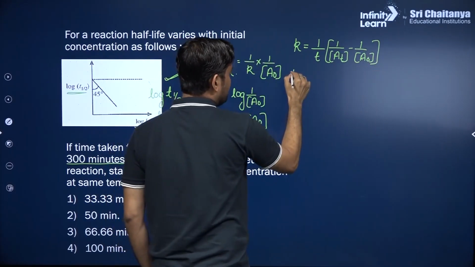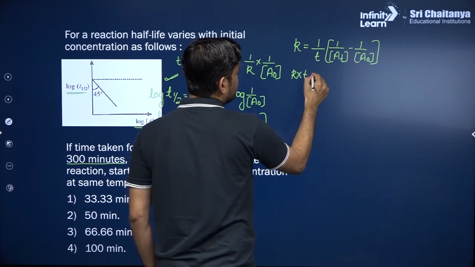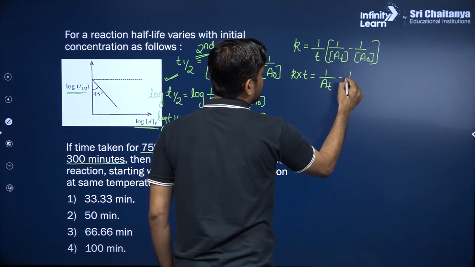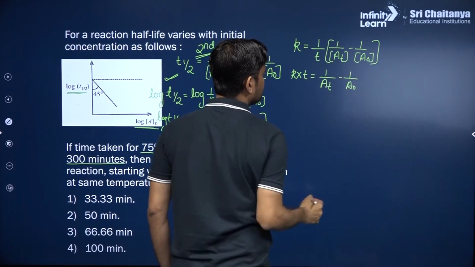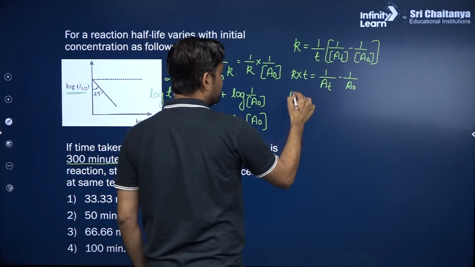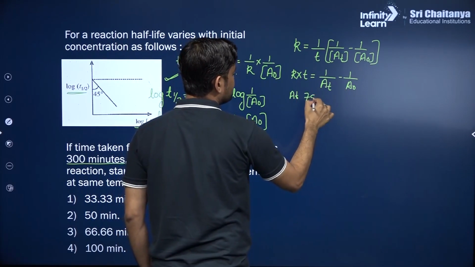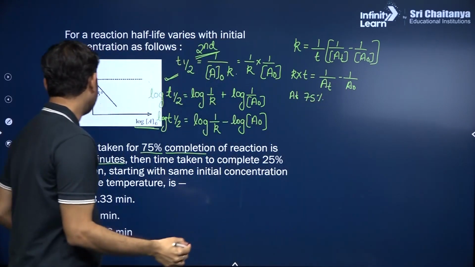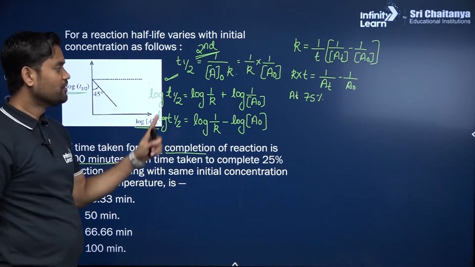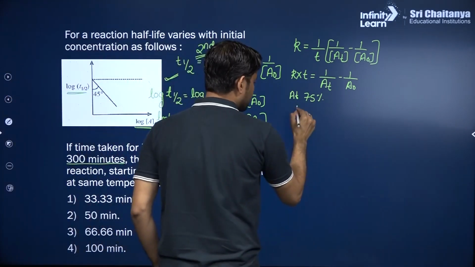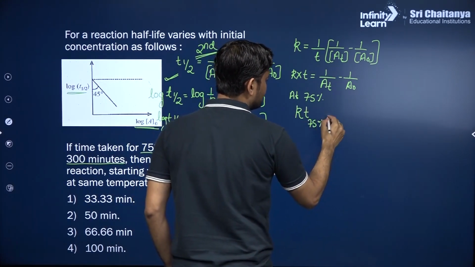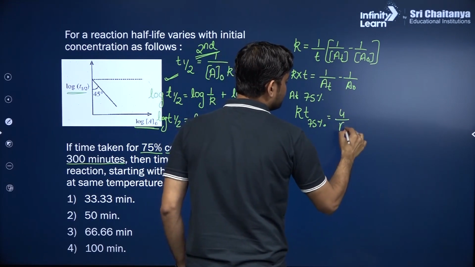So K times T equals 1 by AT minus 1 by A naught. At 75%, since they have said the time taken for 75% completion of the reaction is 300 minutes, can I say that K T will be 4 by AT?